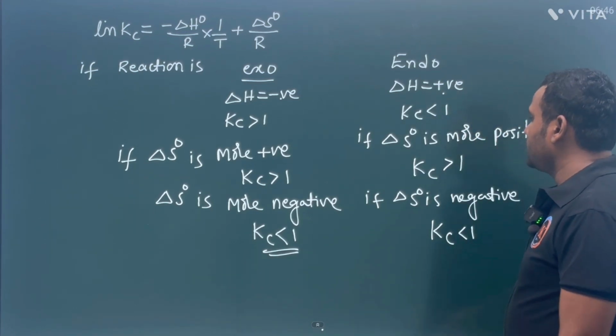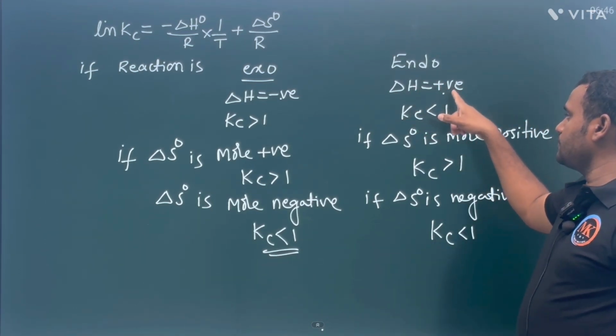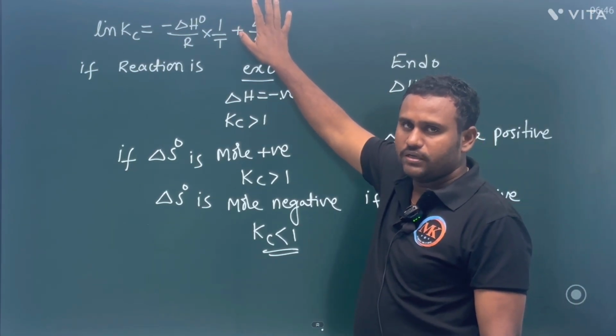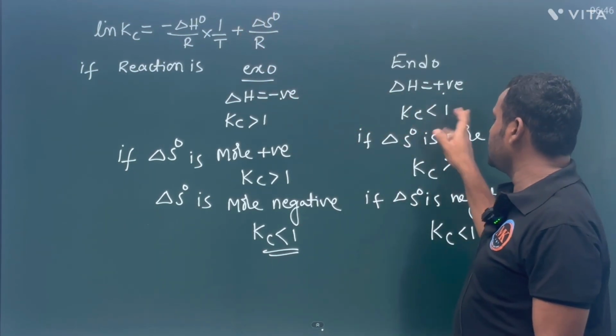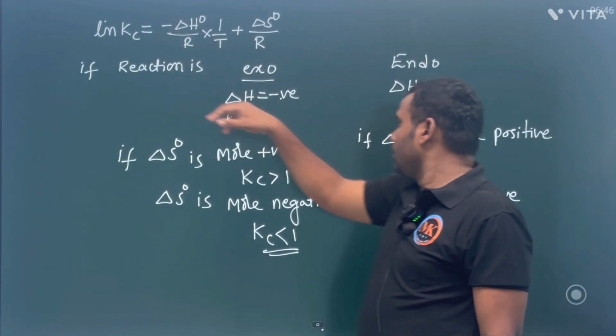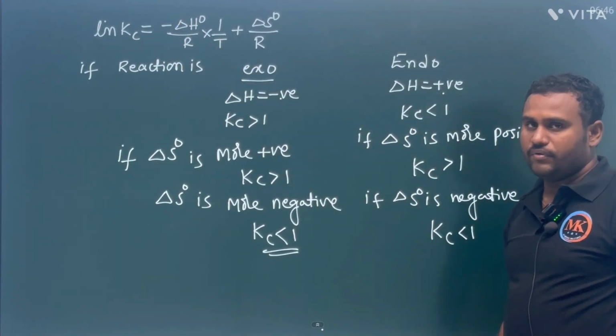Next, for an endothermic reaction, delta H is positive. Just consider the other term negligible, then Kc is less than 1. Why? Because positive into negative becomes negative, meaning Kc is less than 1.